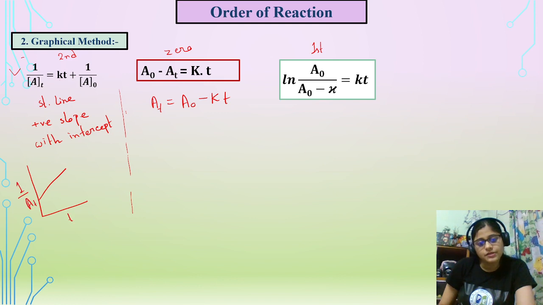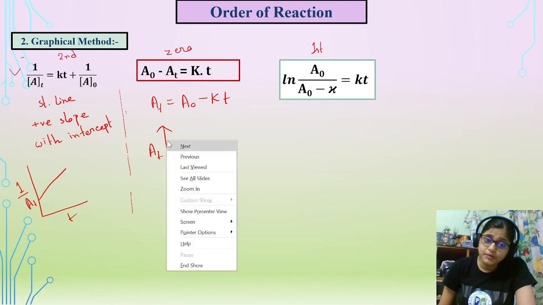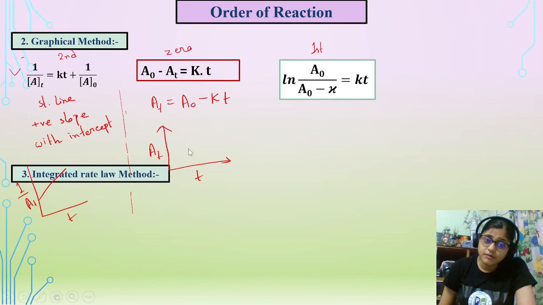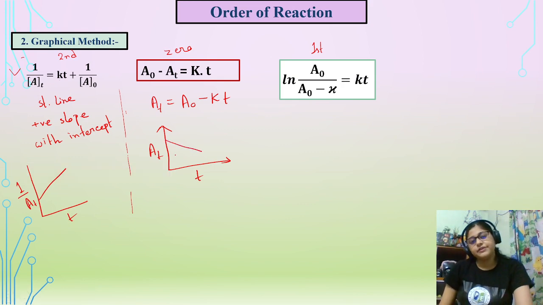If in the question it is saying that they are plotting At versus t and they are getting a negative slope, this one, right? Then that will be the zero order reaction.